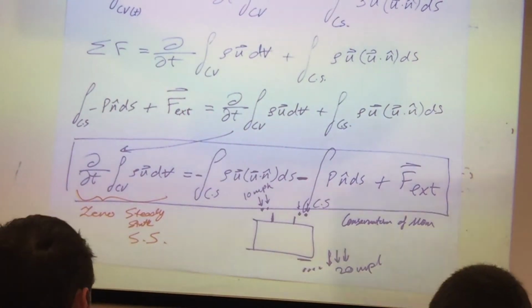So what is the general form that we're going to be working with in this semester?